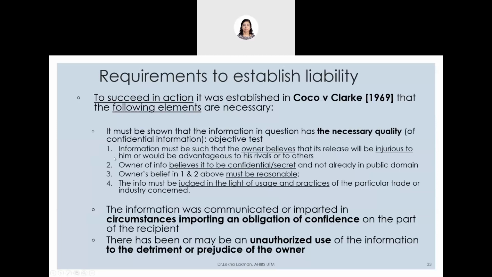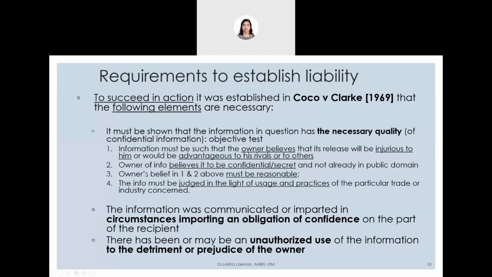So if that information is leaked, it will damage him, or if that information goes into the hands of his competitors, they will have an advantage. That's the first criterion: whether the owner believes that if that information is leaked, it will be injurious to him or advantageous to his competitors.